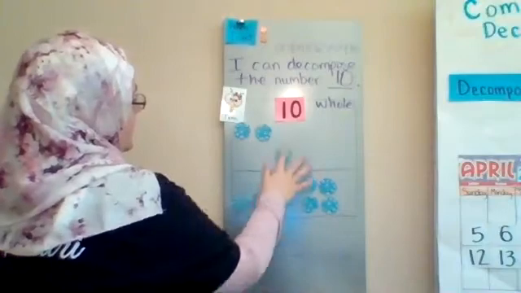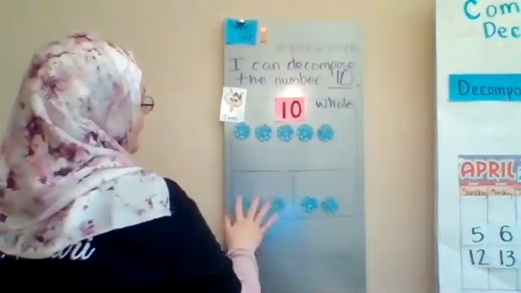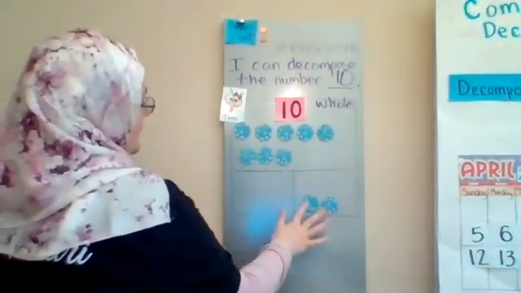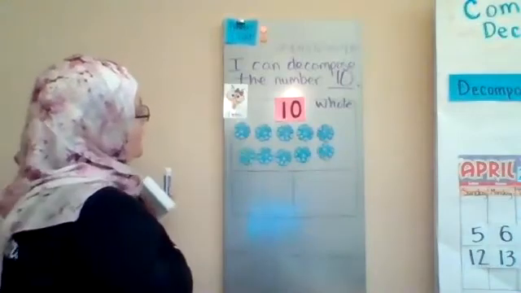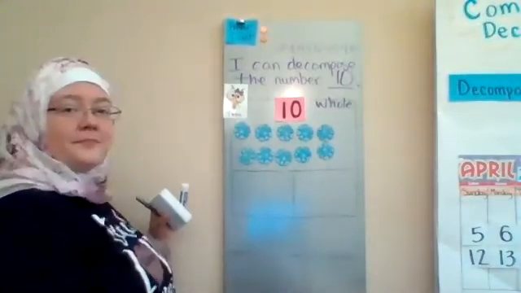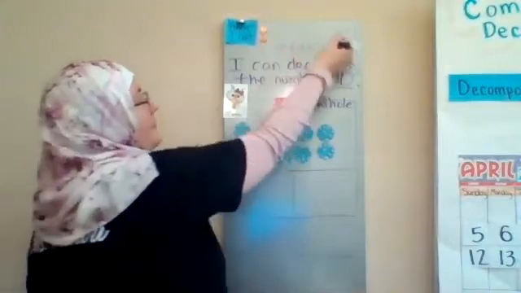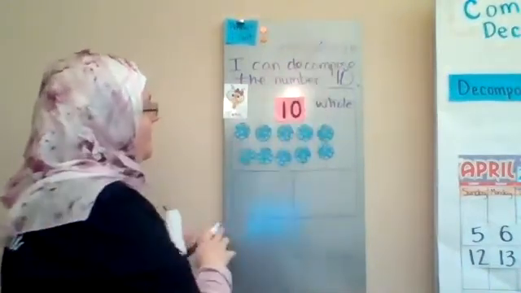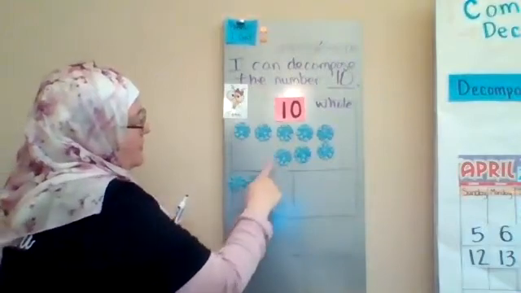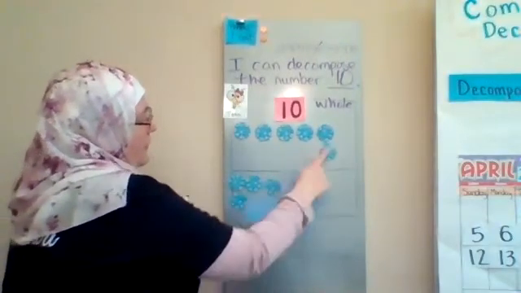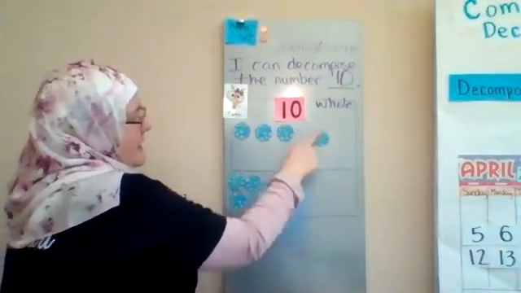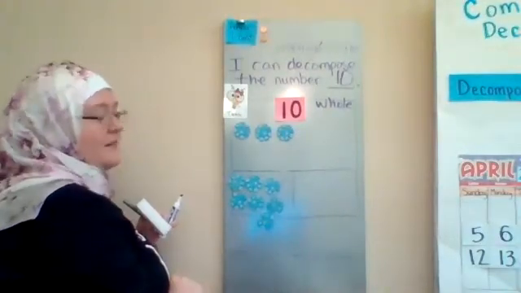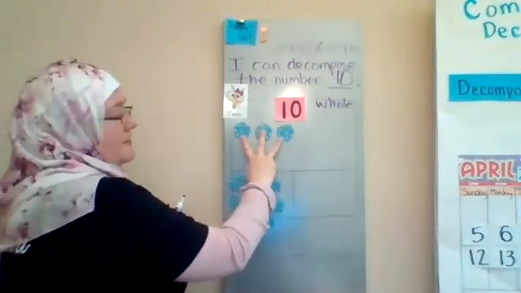1, 2, 3, 4, 5, 6, 7, 8, 9, and 10. Thanks for counting, Tanny. Did we do 6? Yeah, we did. Here we go. 1, 2, 3, 4, 5, 6, and now 7. So, how many left?